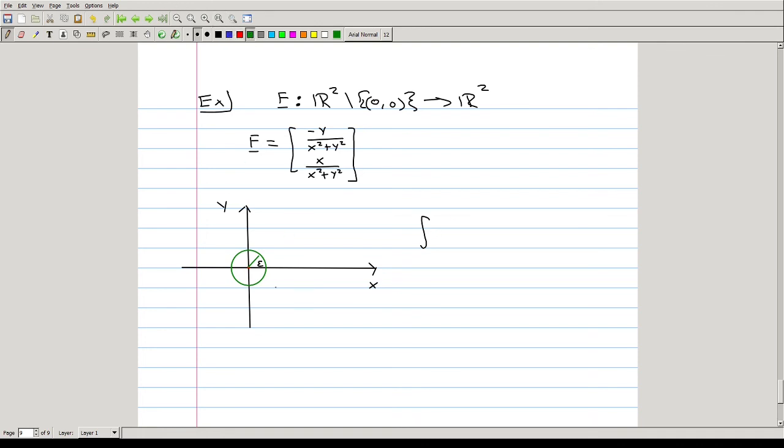So if we reverse the orientation, so we say C epsilon is the circle in this direction right here, in the clockwise direction, the contour integral over C epsilon of F dot dr is going to be equal to negative 2 pi.